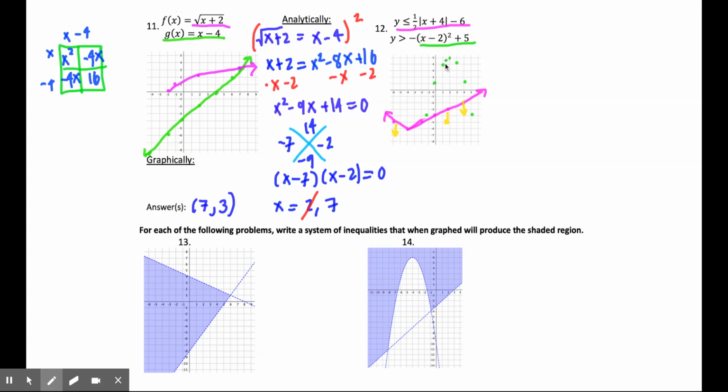And then it's dotted because it's just greater than. And then you shade above. So again, you'll notice that you end up getting these areas as the overlap.